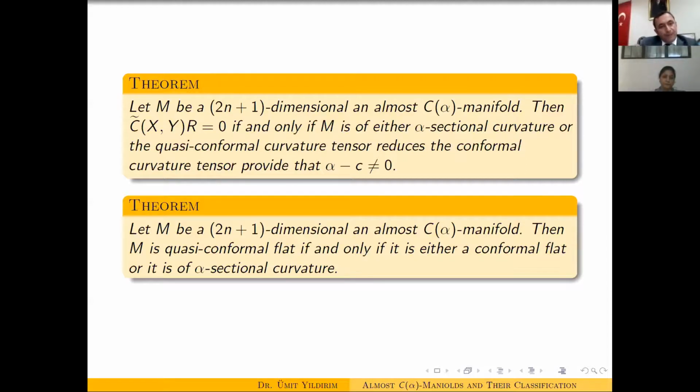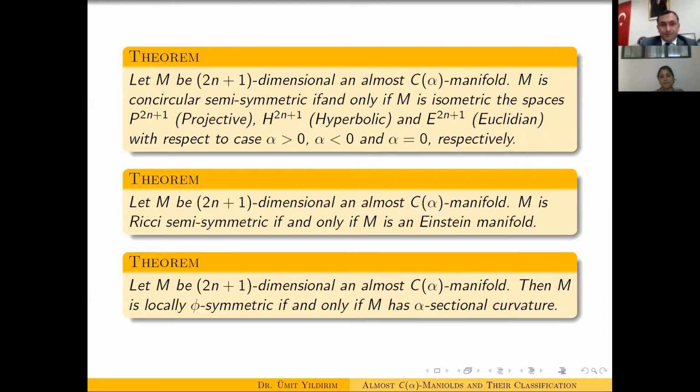New theorem: let M be a 2n plus 1 dimensional almost C-alpha manifold, then M is quasi-conformal flat if and only if it is either conformal flat or of alpha sectional curvature.